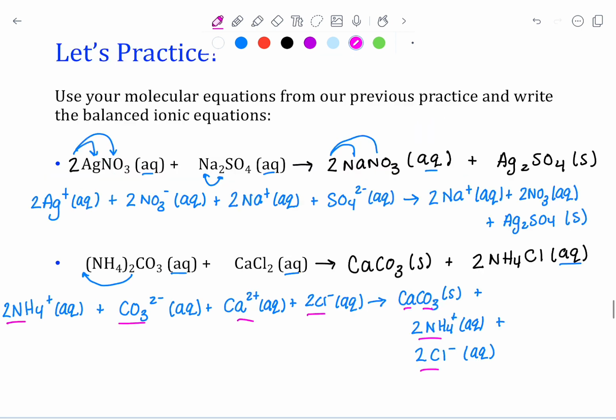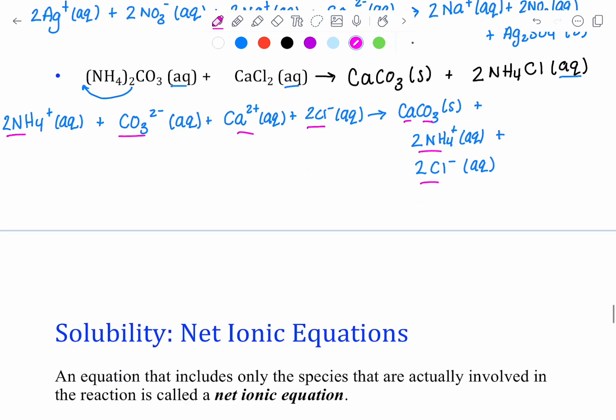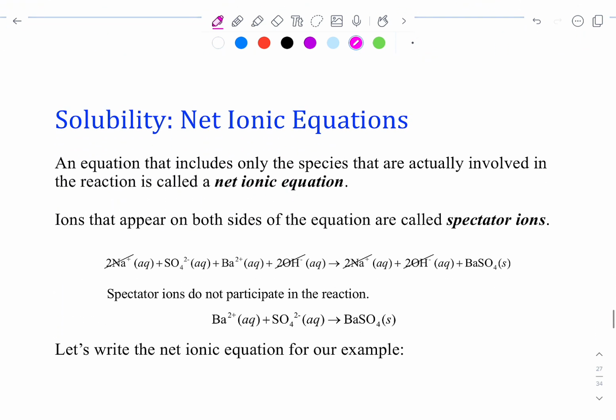Now we're going to use these ionic equations in one additional step. We're going to use them to make our net ionic equations. An equation that includes only the species that are actually involved in the reaction is called the net ionic equation. So we only show the ions that form the products. Ions that appear on both sides of the equation are called spectator ions.